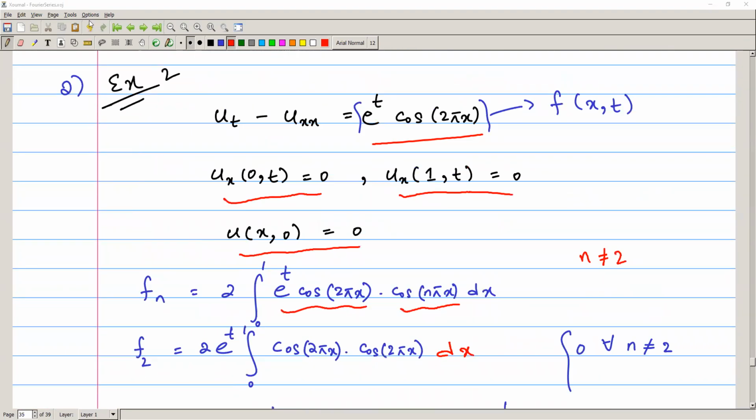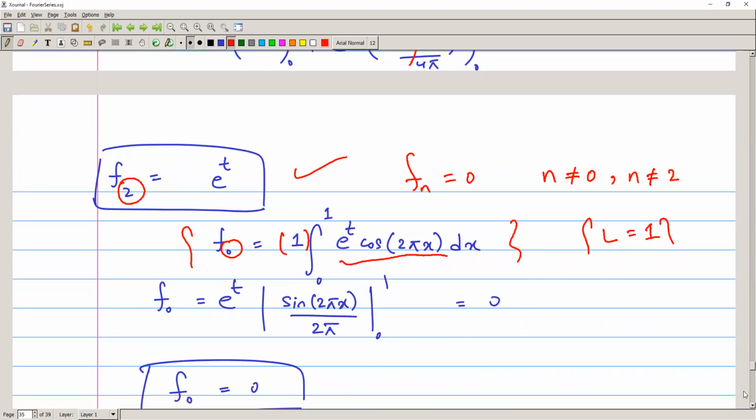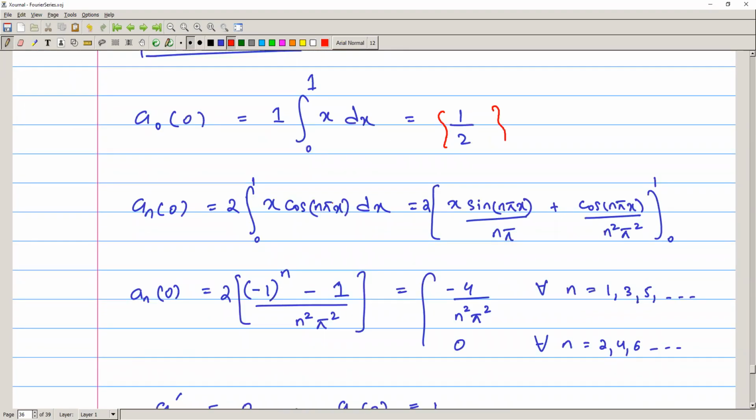So by mistake, I wrote 0. This condition is x. This is x, right? So that's why here we are solving for x, right? So a naught of 0 will be equal to 1 over L times the integral of the initial condition with the limits. So you'll get 1 over 2, right?